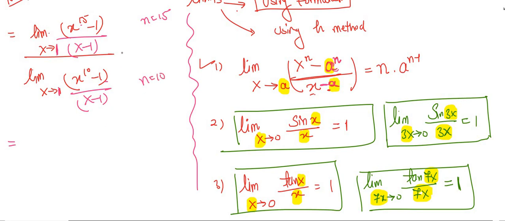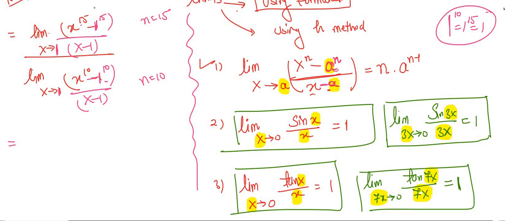So can I write 1 as 1 raised to power 15? Because 1 raised to power anything is 1 only. And here 1 raised to power 10. We know 1 raised to power anything, it may be 10, it may be 15, is 1 only. So I am using it here.